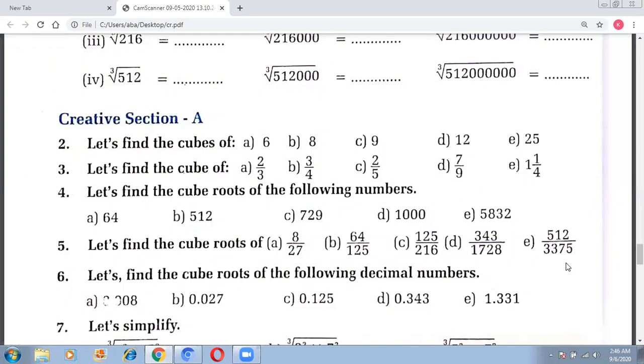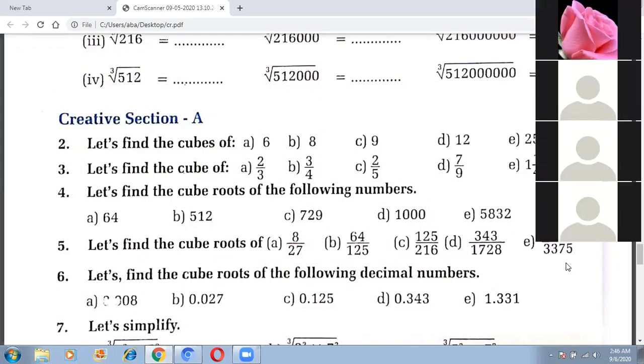Now factorize 512. 512 लाई factorize गरेर कति आयो factorize गर्दा. 2 into how many 2s: 1, 2, 3, 4, 5, 6, 7, 8, 9. 2 nine times.